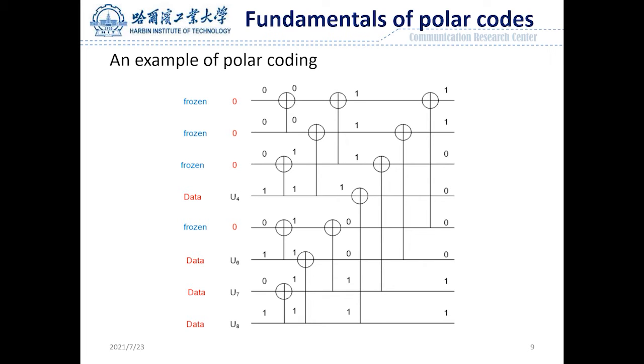Here is an example of polar coding. U1, U2, U3, and U5 are fixed bits and are assigned zeros. U4, U6, U7, and U8 are transmitting information bits. The structure of this picture is equal to the structure of F's nth Kronecker power.